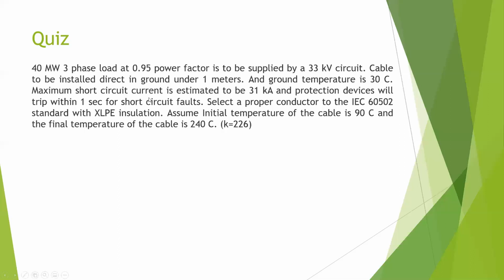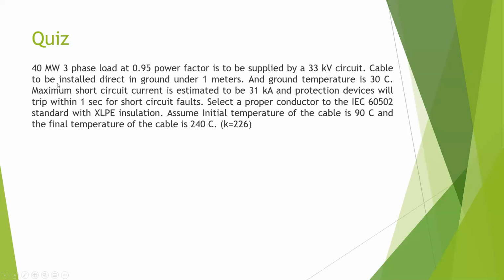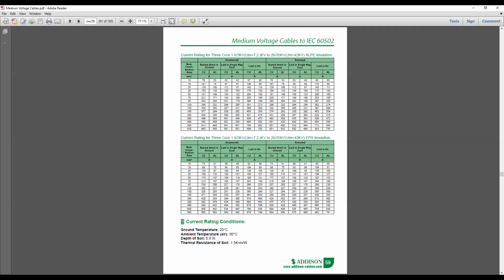So if you go to the example, in here all the values are given. Our ground temperature is 30 Celsius. So this is an underground installation. It is installed direct in ground at 1 meter depth, and everything you need to do the calculation is given here. Because our ground temperature is 30 C, we can't use that table to get the value.